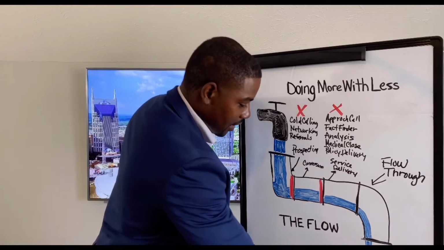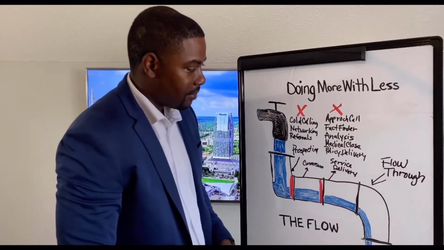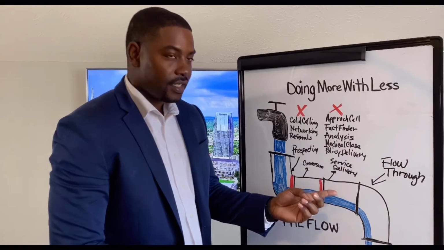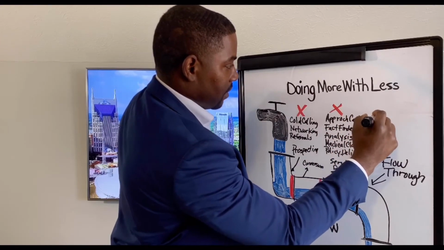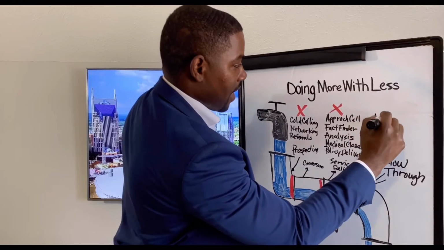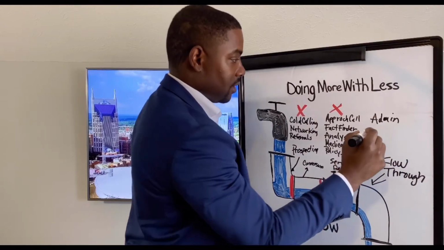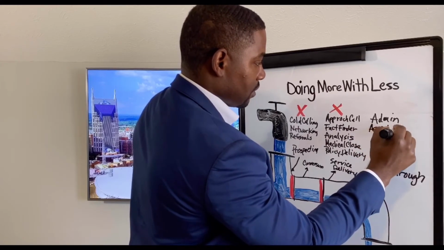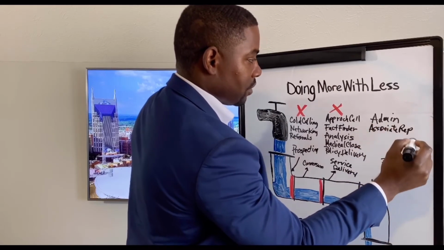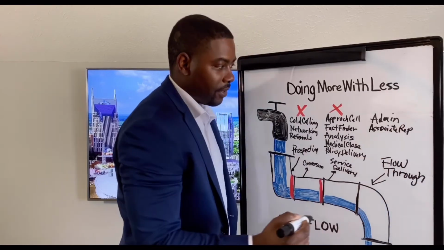The next blockage that you may have is in the service delivery. This is where you're going to have a ton of staff. You're going to have an admin person. You're going to have an associate rep who's going to do all of your case prep and your plans.